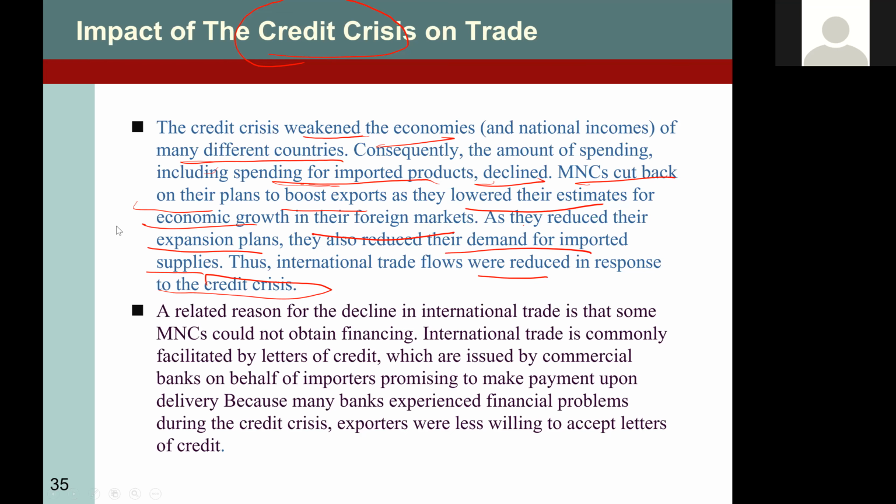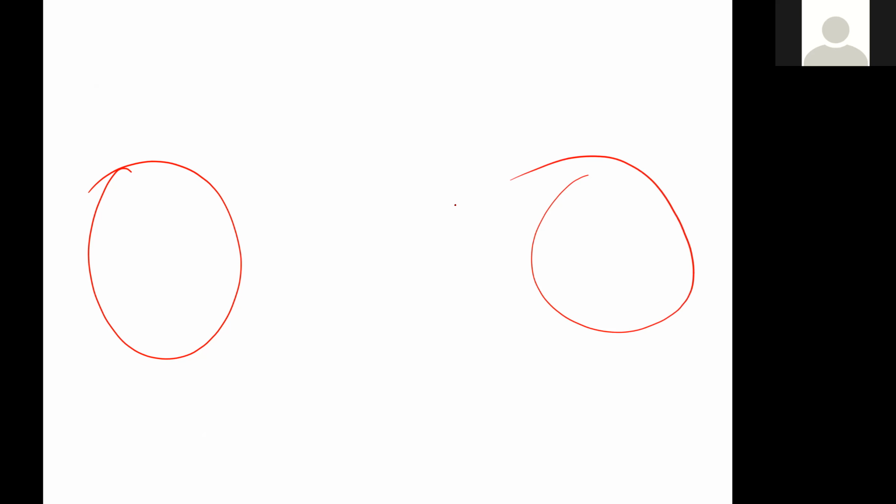Let's see that. This is amazing. Because one country is experiencing credit crisis, for example, the US is in crisis. When there is a crisis, it means the economy is going towards the recession side. What about the Chinese firms?